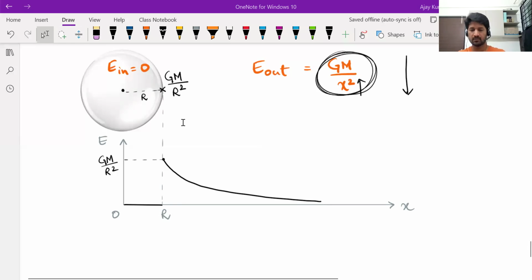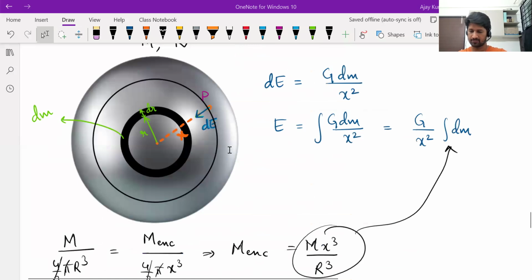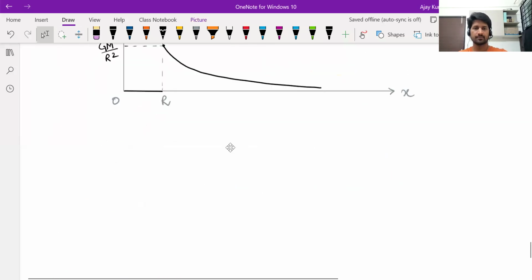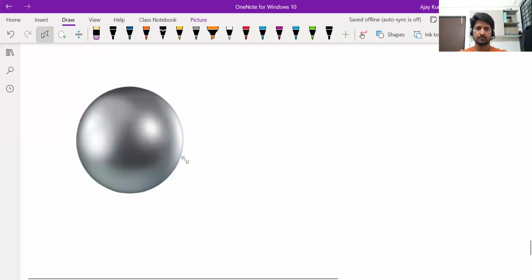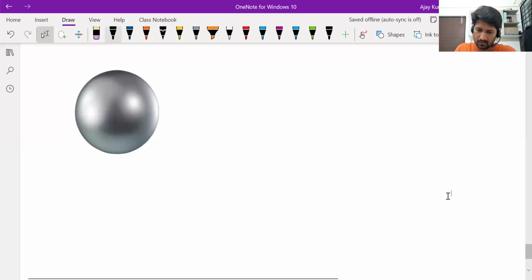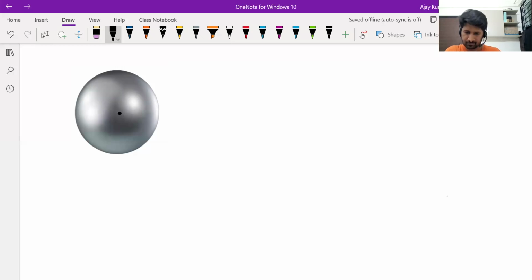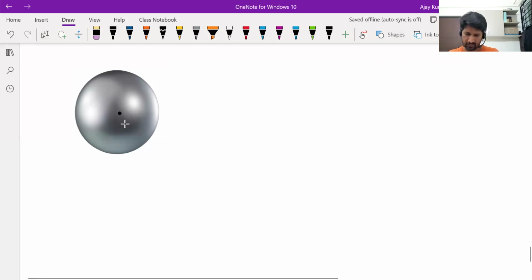Okay. Now I want you all to do the same for a solid sphere. So we need a graph of how its field strength varies with distance from the center.